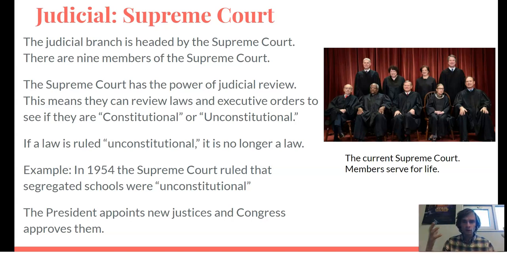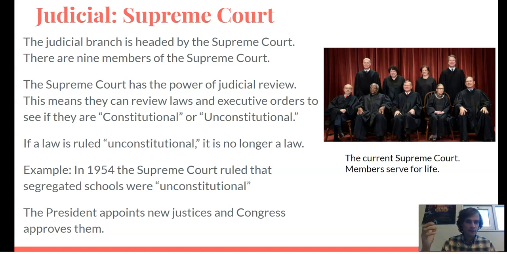If a law is ruled unconstitutional, it means that it violates some part of the Constitution, and therefore it is no longer a law. A famous example of this is in 1954. The Supreme Court ruled that segregated schools were unconstitutional and that you could not segregate students by race in school.